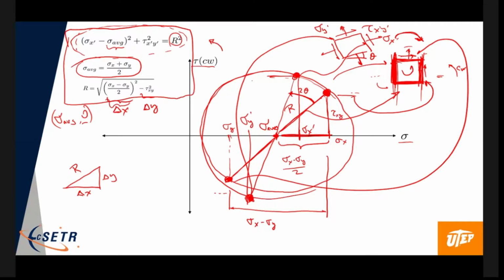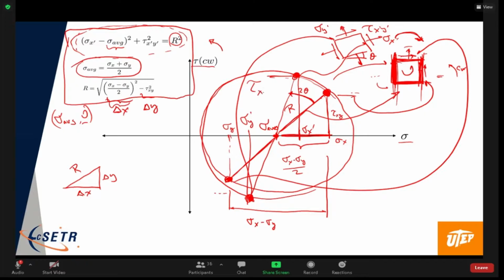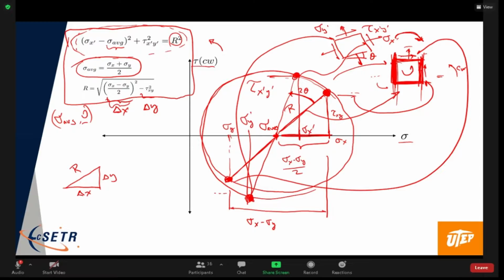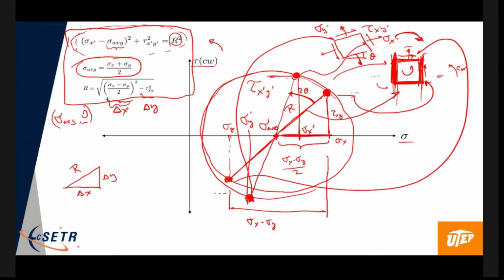And this value here is tau x prime y prime. And those things can all be computed geometrically, or in the old days, if you had a drafting table, you would draw this very accurately, and then you would just directly measure it with a ruler, and you could get all these values without a calculator, right? Because they didn't exist. All right. So that's Mohr's circle.